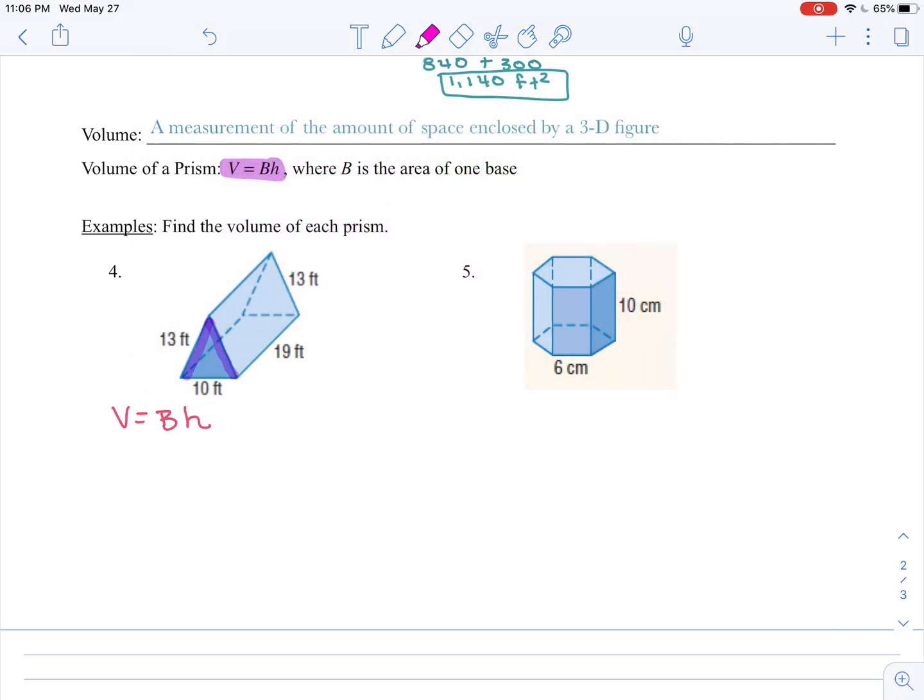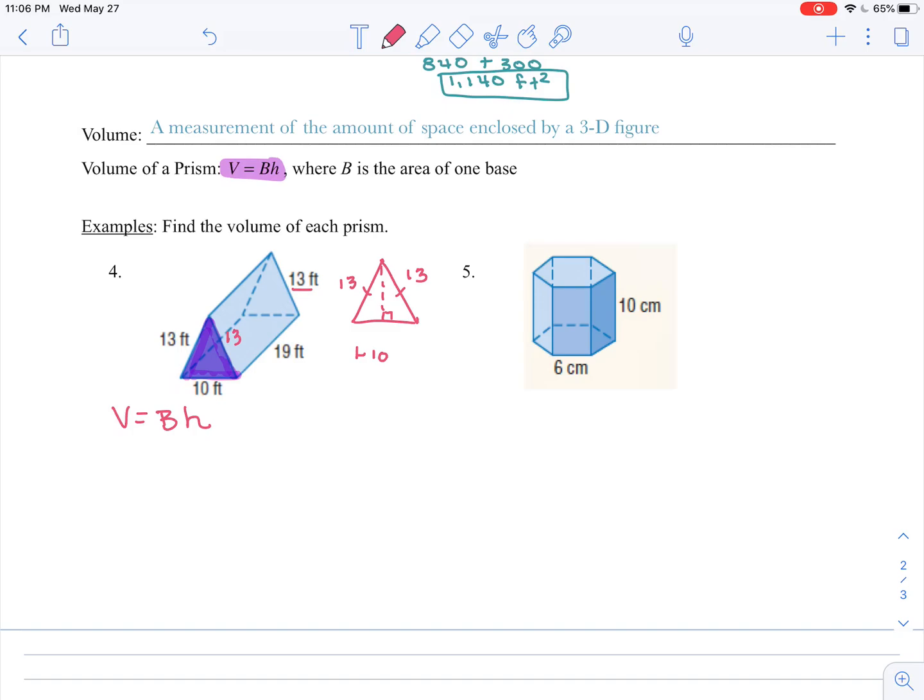So if I focus on one of the triangular bases, so I'll just look at this front triangle here. In order to find the area of a triangle, we have to multiply 1/2 base times height. If I redraw this picture, this triangular base is isosceles. They've shown that both of the sides here are 13 feet.